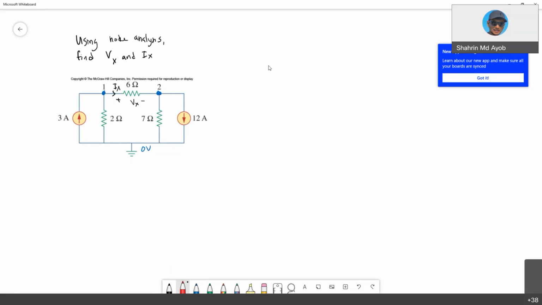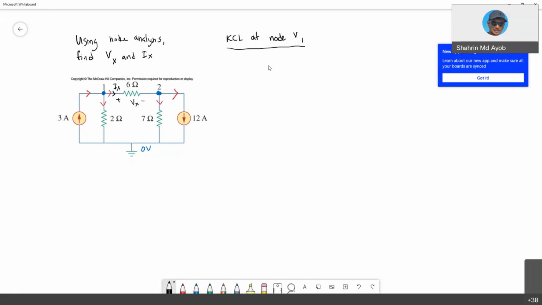So the current source is this direction, so we just maintain. And then for another current branch, I assume that the current is going out. This one is also going out. This one, okay, maintain with the current source direction. And this one, I think, is also going out.